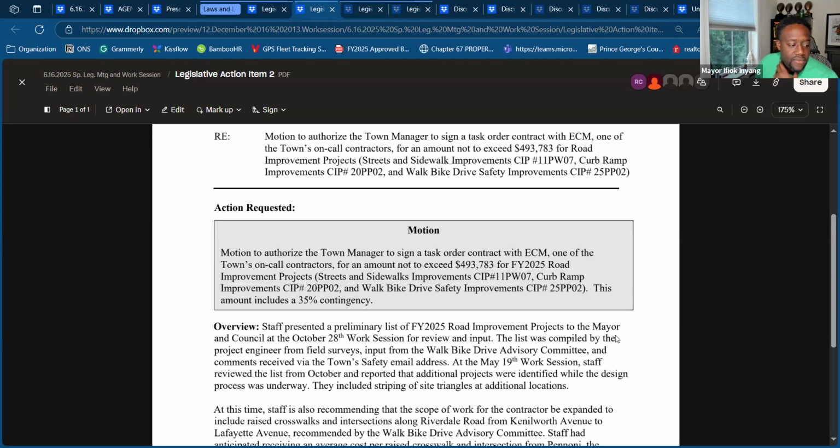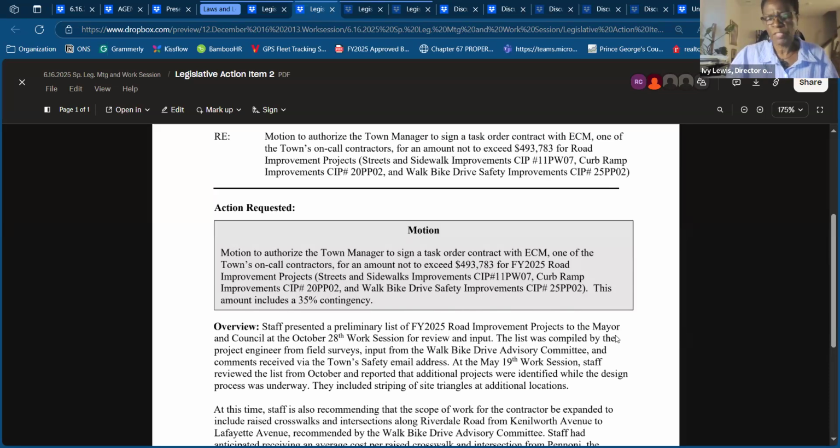Any additional thoughts from staff before we vote on this? I'll just mention, good evening, Mr. Mayor and council members, why we have such a high contingency on this program. It's because we are expanding the list of projects to include raised crosswalks and intersections along Riverdale Road from Kenilworth to Lafayette, as recommended by the Walk Bike Drive Advisory Committee.